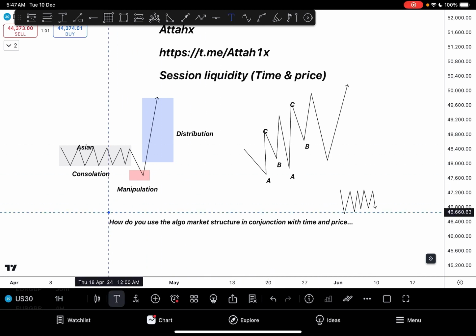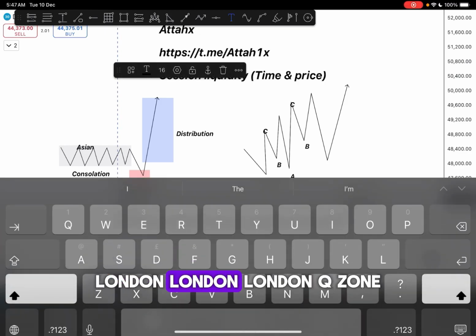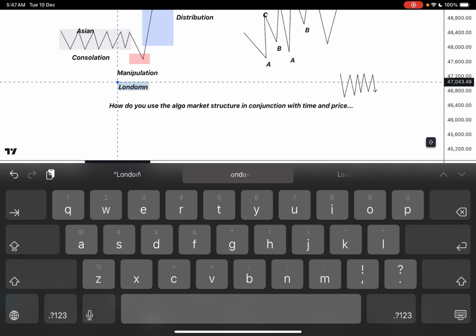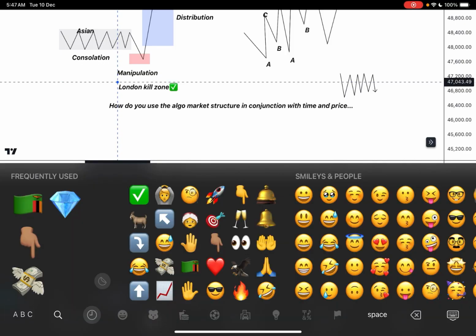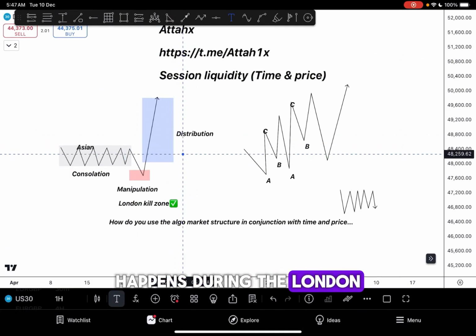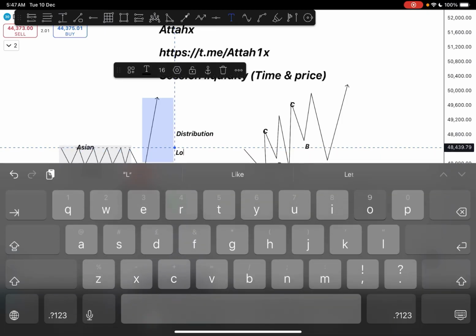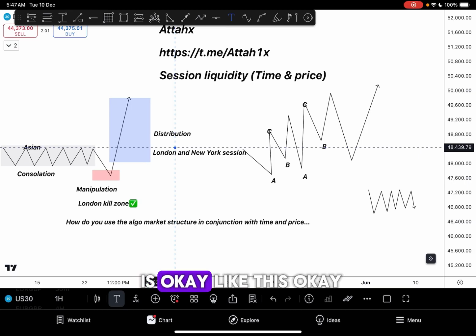Yeah, the London kill zone, and then we have the distribution happening during the London and the New York session. All right, I think this is okay like this.